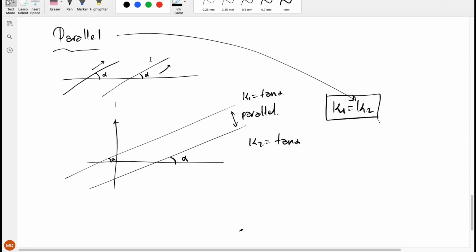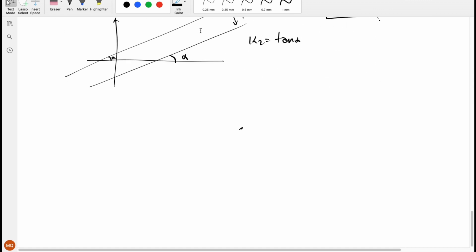Okay, because we say that they will never intersect, instead of parallel you can also say they will never intersect. Let's write here parallel lines. When you see parallel lines, they will never intersect. And because there is no intersection point, it means that there is no solution for these two.